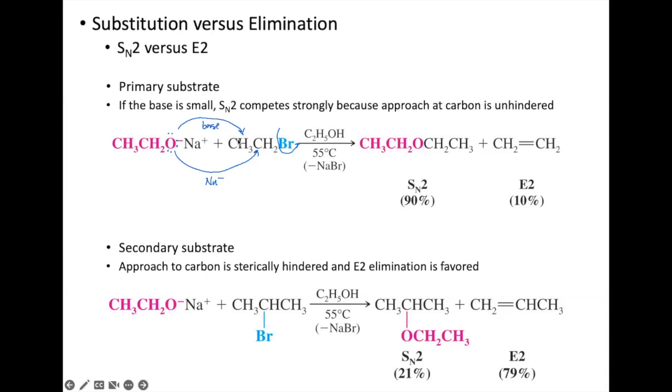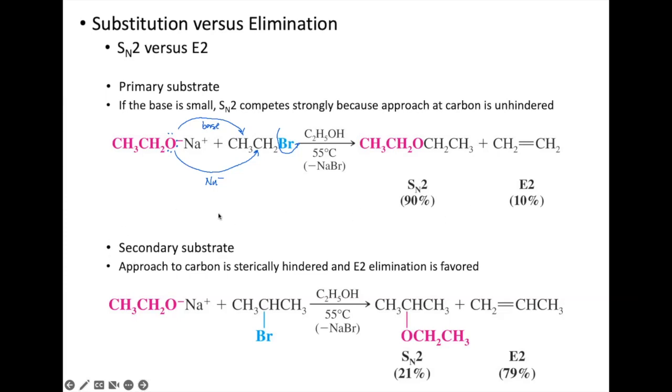So kung base siya, itong tatanggalin together with the leaving group, forming your ethene compound. Okay? So again, if you have a primary substrate and the base is actually small, SN2 predominates over E2.